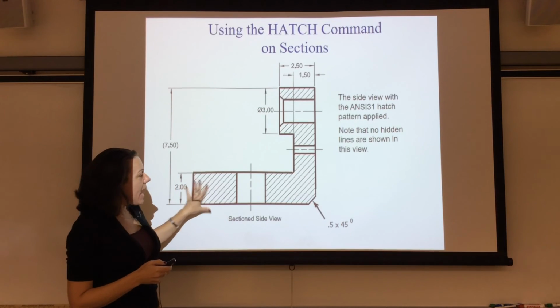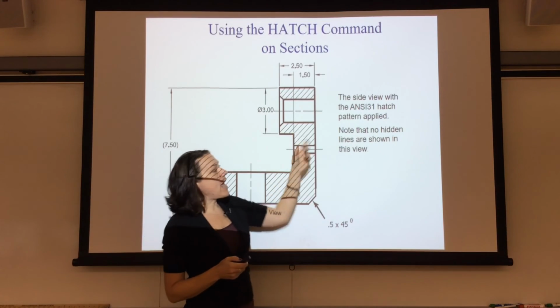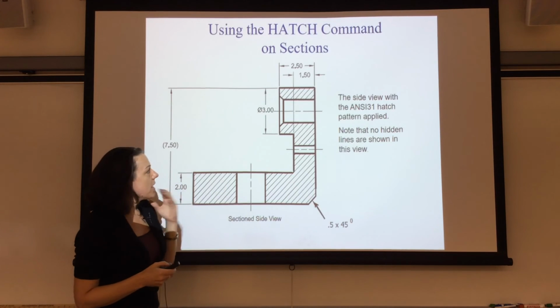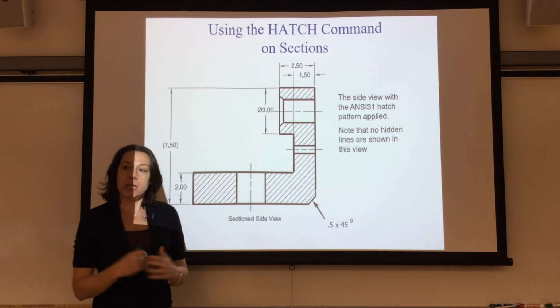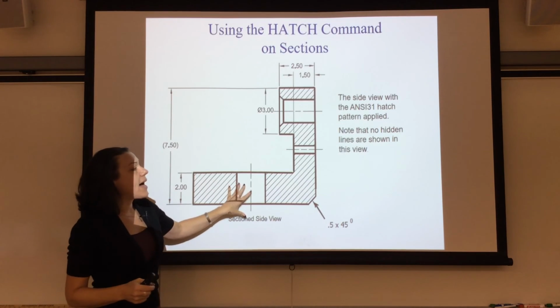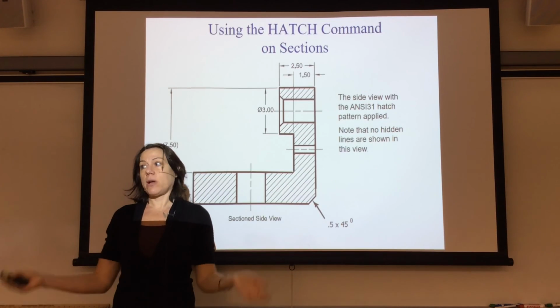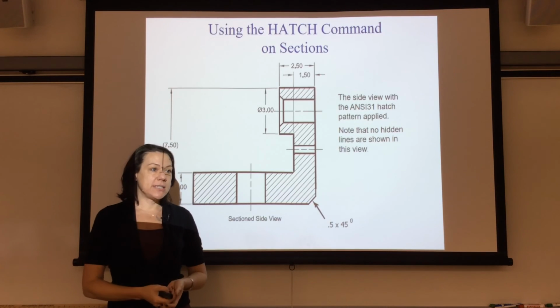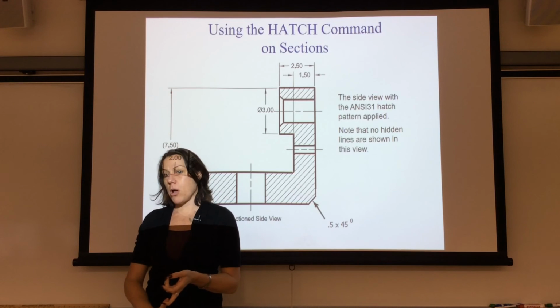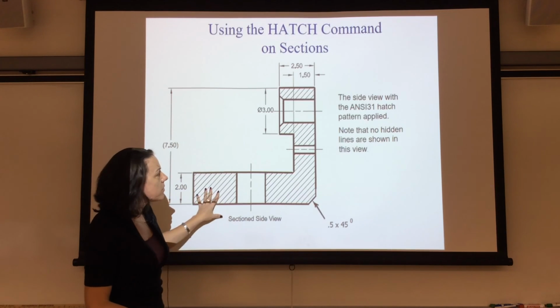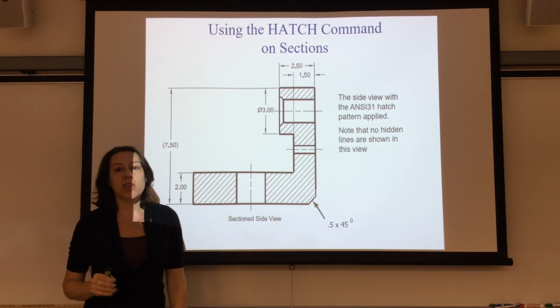When we're hatching, we'll have an ANSI, the American standards of what hatching means. Now, AutoCAD already gives you a plethora of different types of hatching styles. There's the ANSI and the ISO, and then you can even make up your own. We won't in this class, but you can make up your own hatching styles. Now, here's the other thing.